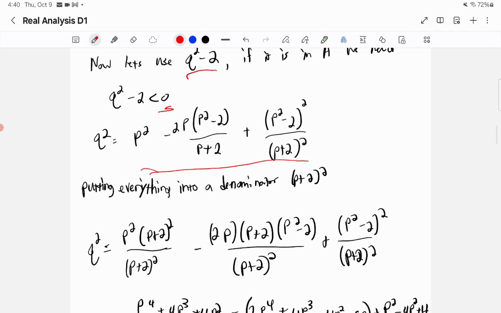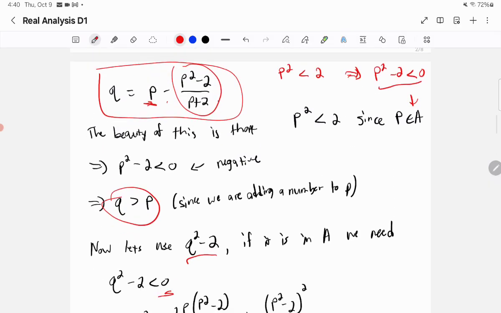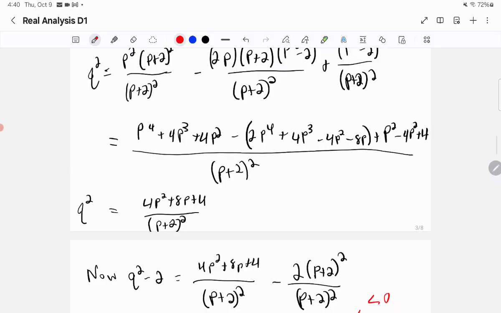Now what I'm going to do, and we'll see why in a moment, but it should be kind of clear at this point because of this P plus 2 term under here, is put everything in terms of the denominator being (P plus 2) squared. And if I do that, then you can see I get a whole bunch of ugly terms, but a lot of them end up canceling out.